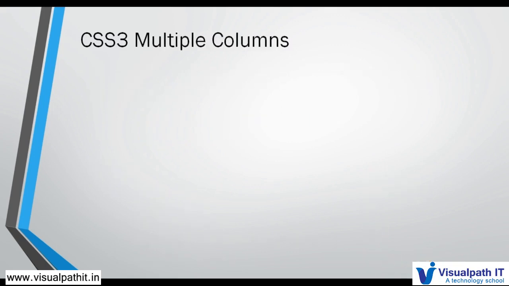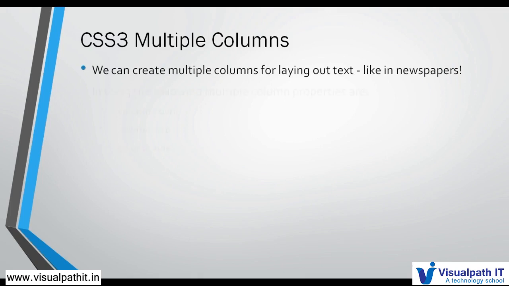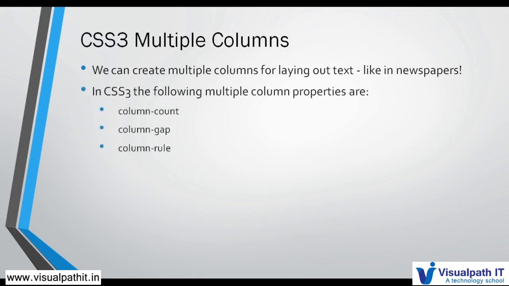Moving next, we will learn here the CSS3 multiple columns. We can create multiple columns for laying out text like in newspapers. We have seen many ways for the newspapers, like brochures and many more.